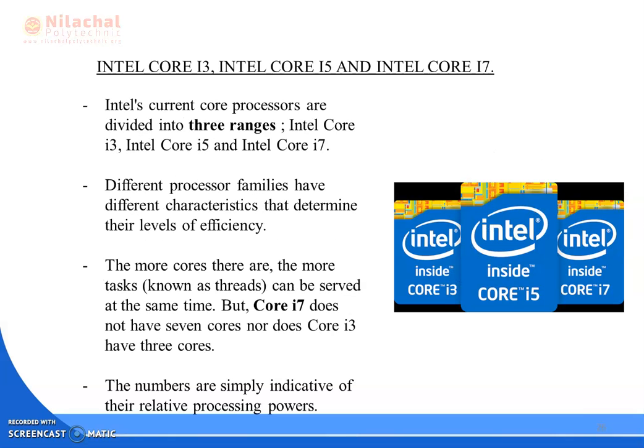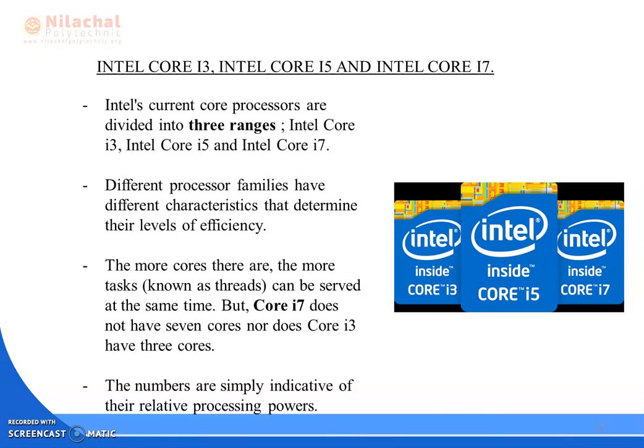Next, we will be discussing some of the different generations of our processors. That is, we can say the third generation of processor, fifth generation of processor, and seventh generation of processor. So these are Intel's current core processors, which we call Intel Core i3, Intel Core i5, and Intel Core i7.